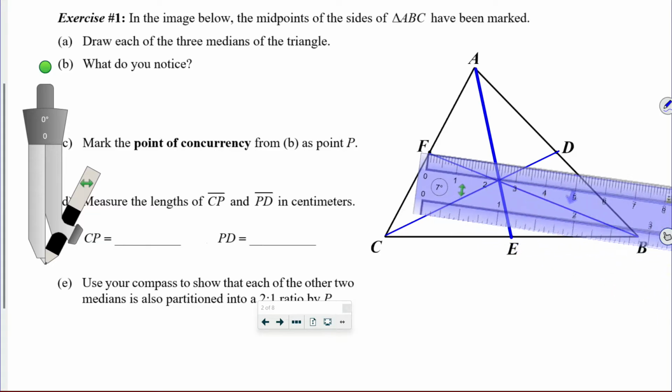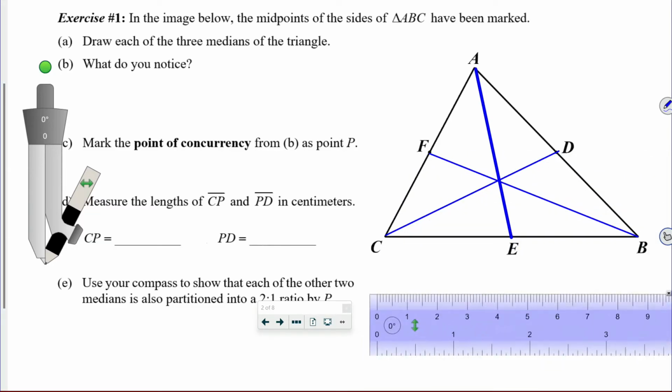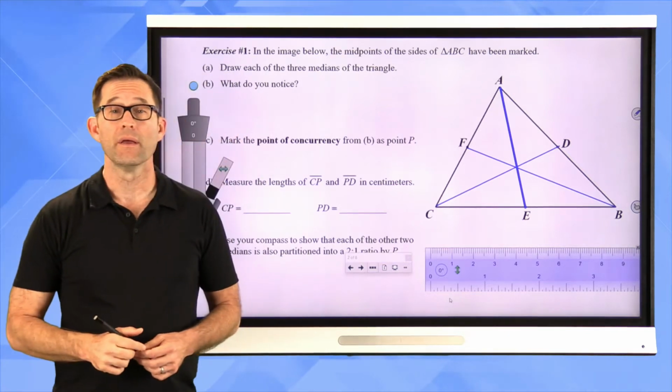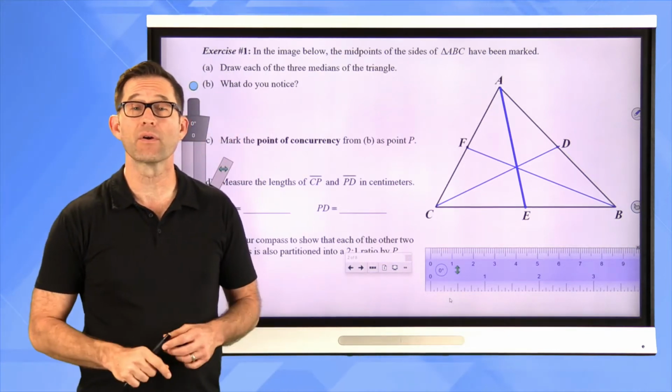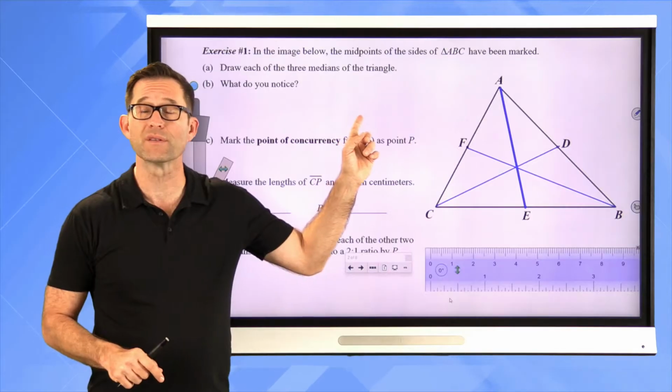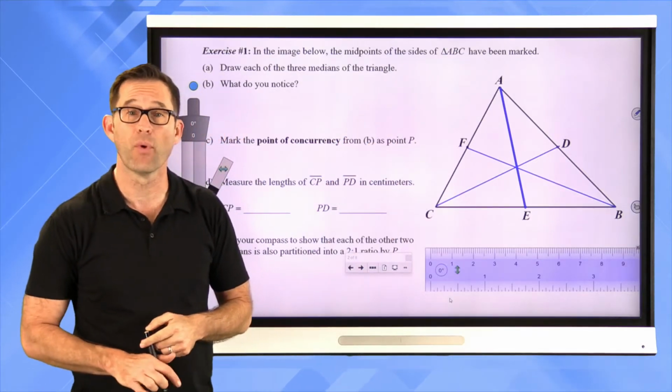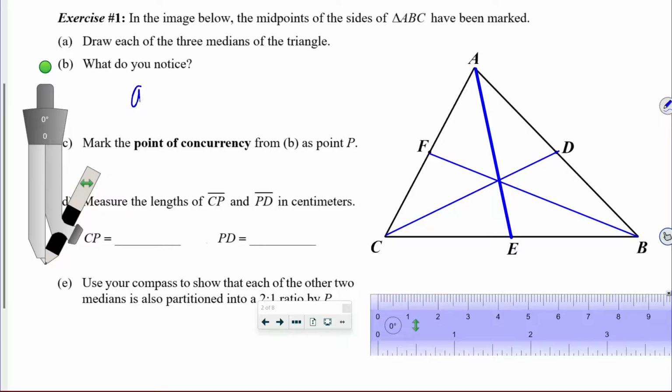Okay, so one of the most remarkable things about the three medians of a triangle is that they are a point of concurrency. What do you notice? The three medians of a triangle all intersect at the same point.